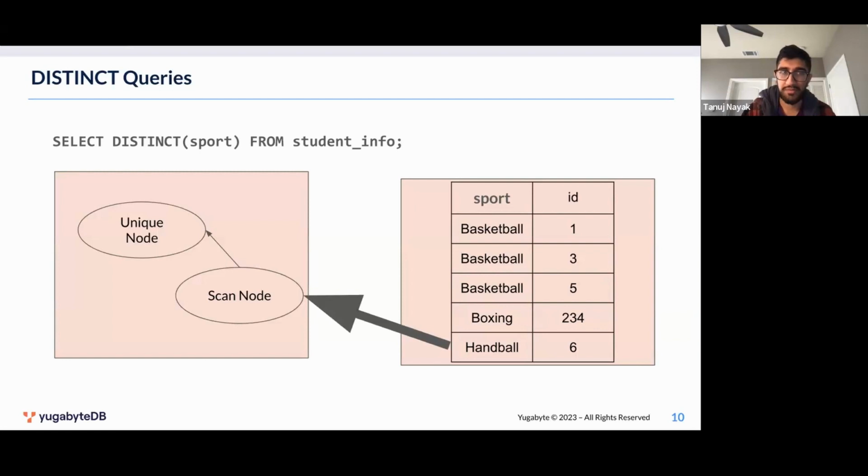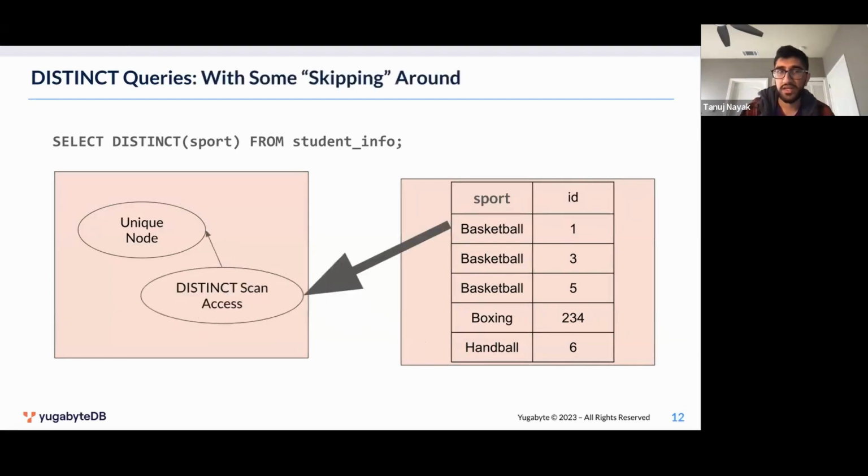So we're having to read so many rows from disk in order to get a very small result set. Can we do better?